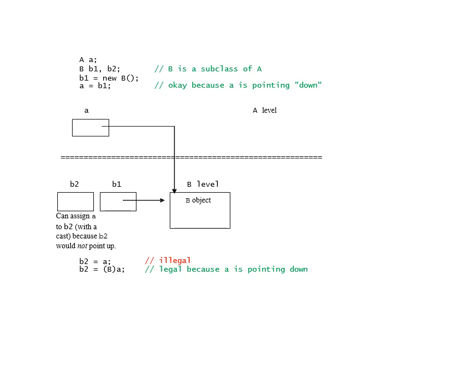Now the compiler doesn't know what happened, so that first statement that's marked illegal, B2 is assigned A, it's assumed that's going to be illegal. But if you do the explicit downcast, which in this case is legal because of the previous upcast, then it will compile okay, and it won't cause a problem at runtime because the pointer that you're assigning to B2 is actually a pointer that's pointing to a B object.